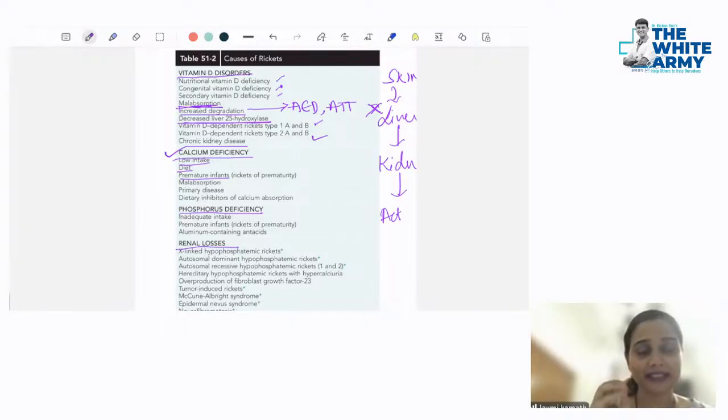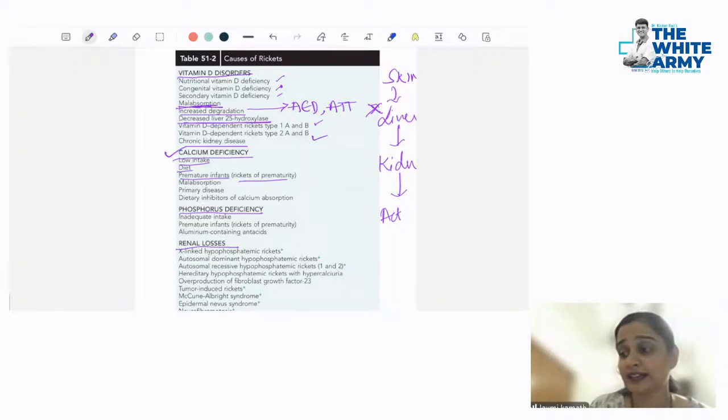Remember one thing, 80% of nutrients like calcium, phosphorus, vitamin D are transferred from mother to child in the last trimester. So if a child is born premature, then automatically all of these components will be less in the child, giving rise to the rickets of prematurity picture, also called mineral bone disease of the newborn.